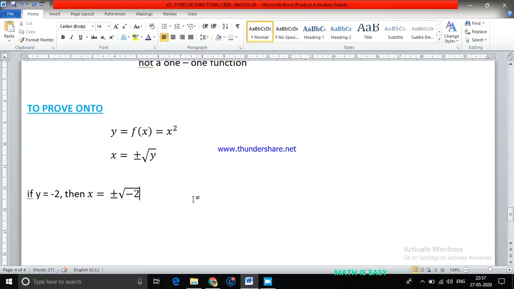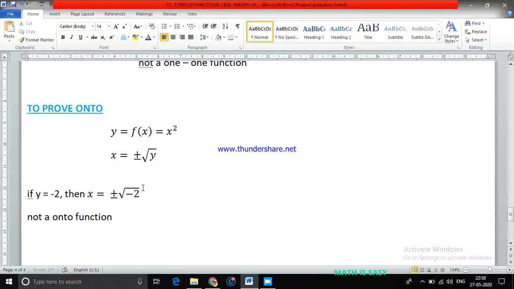In the complex number system, yes, we did it. But x equals under root of -2 is not possible. It's not an integer, right? So even though I considered y as the integer -2, I could not find the corresponding x value as an integer. Not only this, you take y is -1, y is -5, or even y is +5. If y equals 5, the x value is under root 5, and under root 5 is not an integer. So hence it is not an onto function.